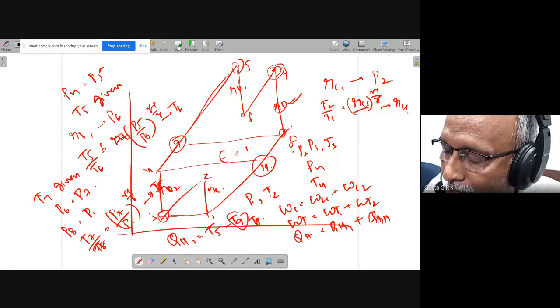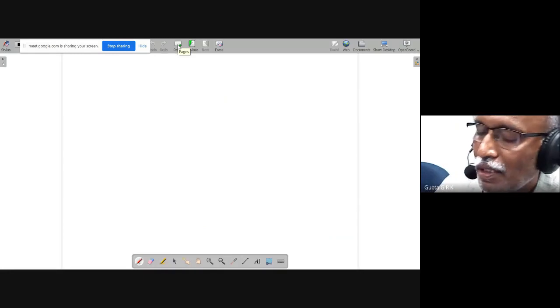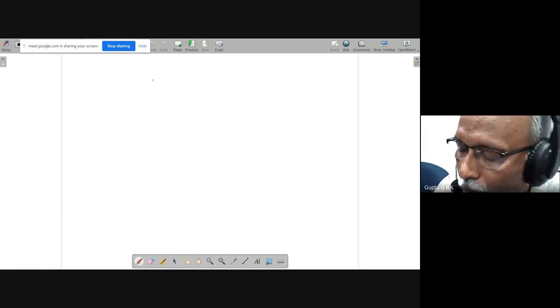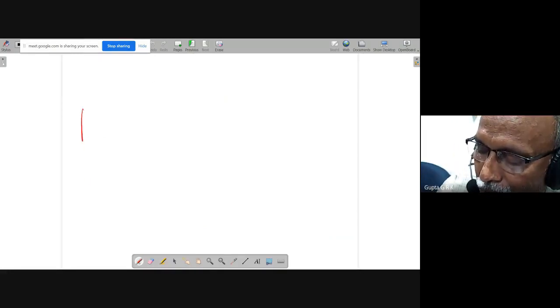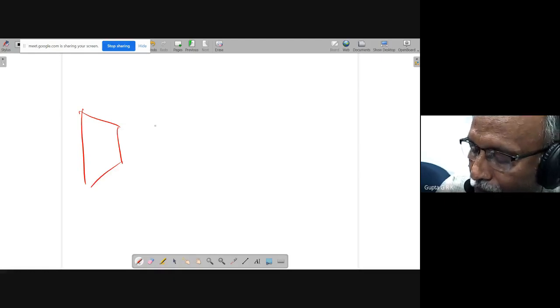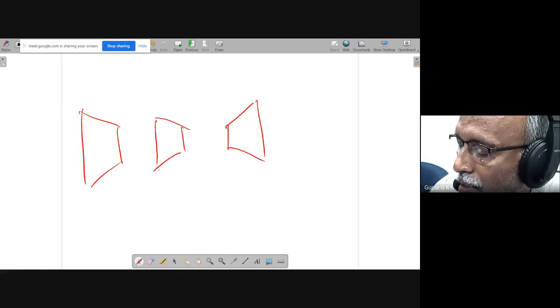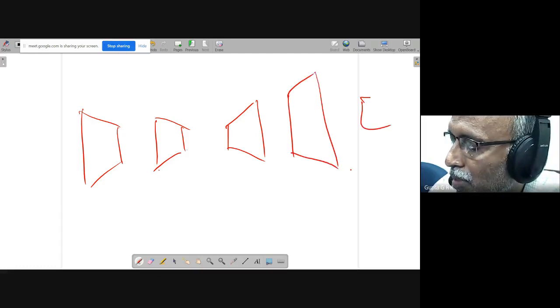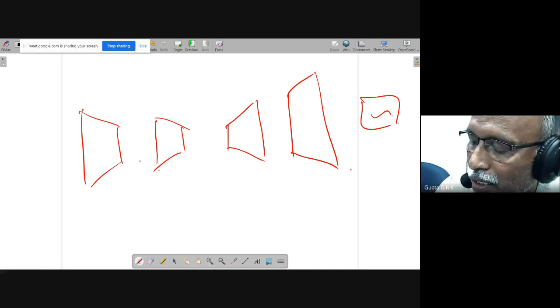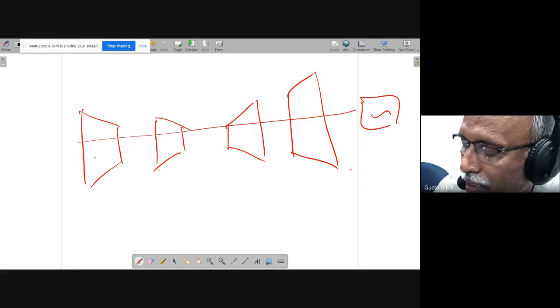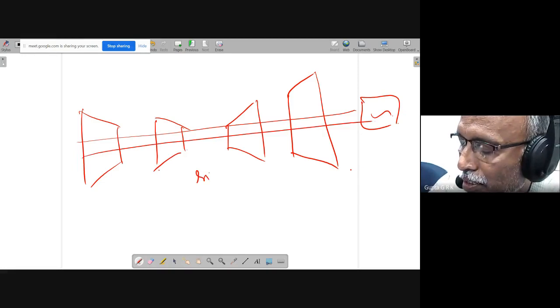Okay, somebody is asking about power turbine. There are two types. If I have two compressors and two turbines, or there can be only one turbine also, whatever the configuration, and if all are connected, like this, it is a single shaft.